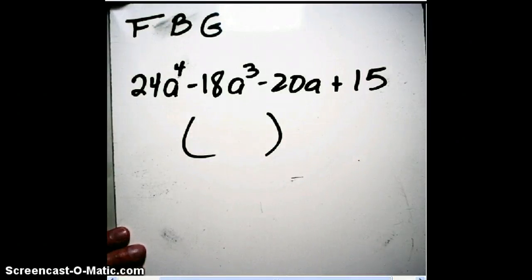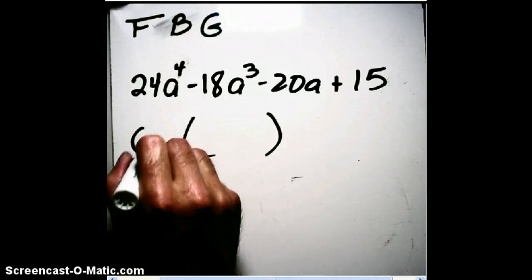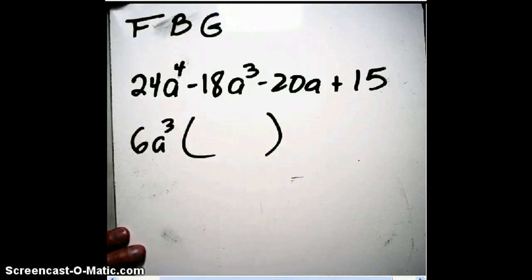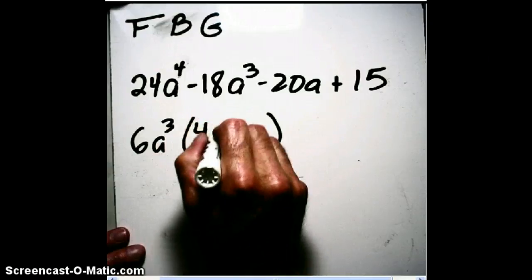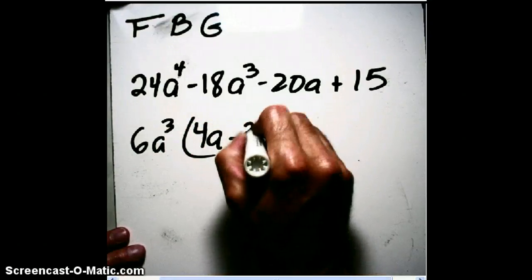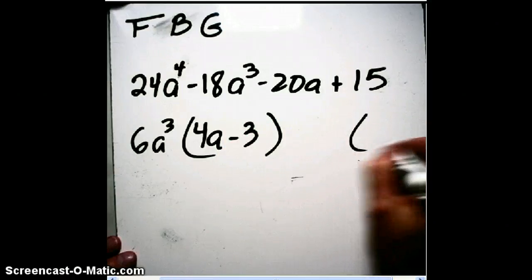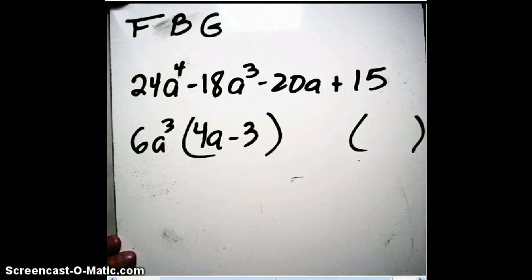Well, let's see. I've got a 6, and I've got an a cubed. Okay. Use the factor training wheels if you need them. Well, what I have here? 4a minus what? 3. Now, factor by grouping, I am really wanting to try to see if I can get a 4a minus 3.